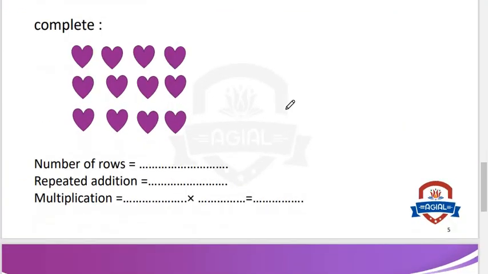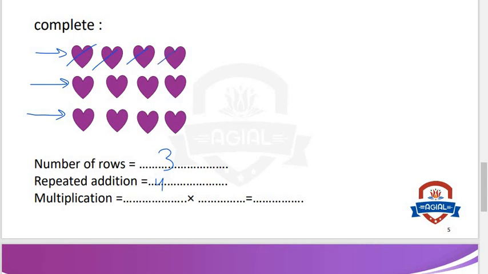Okay, in here about rows, how we can multiplication about rows. Let's solve that, complete. Number 1, number of rows. How many rows? You know that rows go from the left to the right. So we have how many rows? 1, 2, 3. Super. So we will write in here 3. Repeated addition. How many hearts in each row? 1, 2, 3, 4.